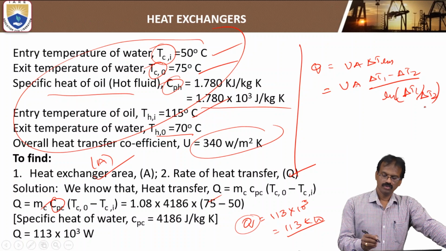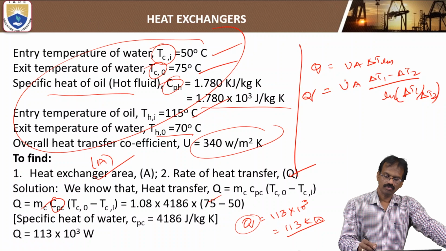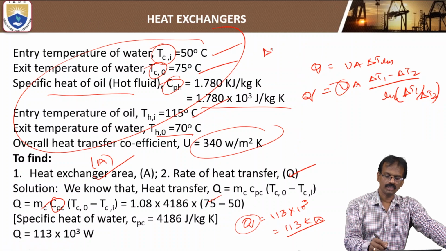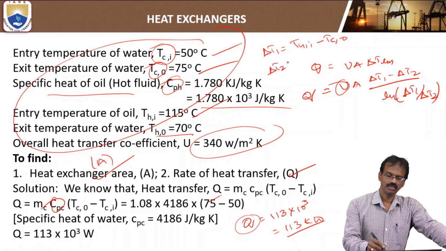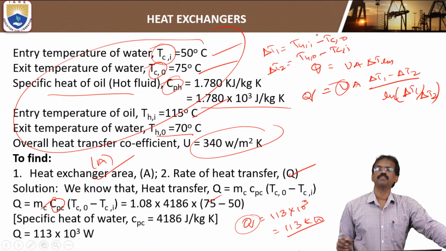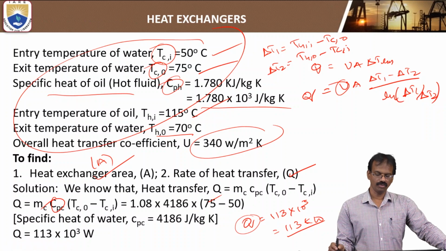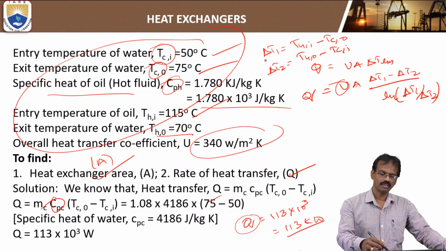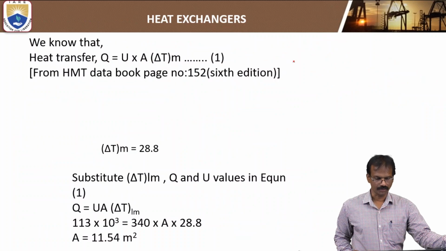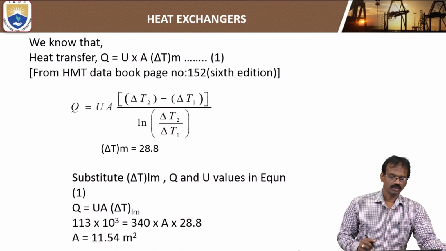So you know the value of Q, and you know the overall heat transfer coefficient also. Then you have delta T1, because this is the counter flow. According to counter flow, delta T1 is equal to hot fluid inlet minus cold fluid outlet. Similarly, delta T2 is equal to hot fluid outlet minus cold fluid inlet. So all the temperatures have been given. Then you can substitute those values in this formula. Then you will get the delta T1 and delta T2. Here you can observe. So this is the formula.